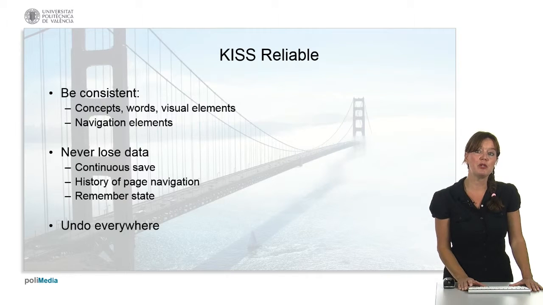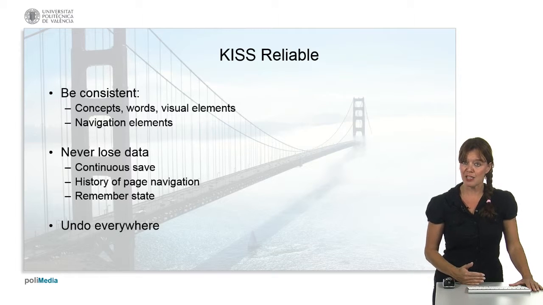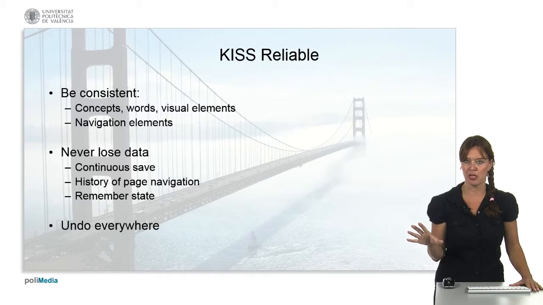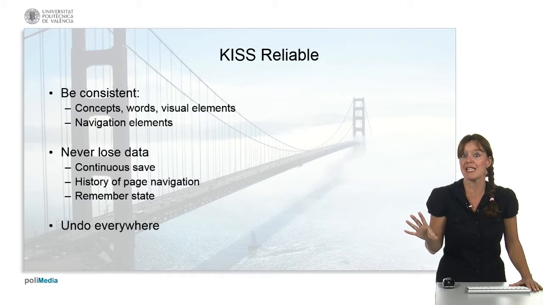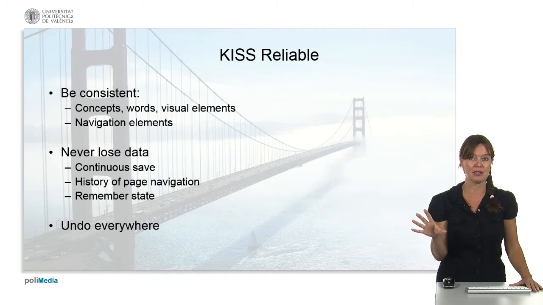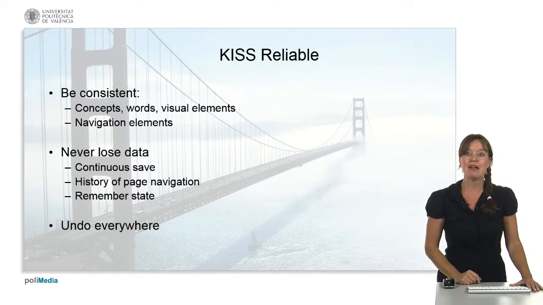Another principle is that we should KISS reliable. Be consistent. Be consistent with all the concepts and all the words that you use on your page and all the visual elements and all the navigation elements. Make sure that while something is a navigation element, it's clear that it is. And that not every navigation element has a different appearance, such that it might not appear to be a navigation element, some hyperlink, but something else. And never lose data.